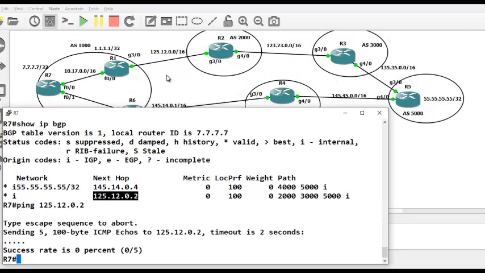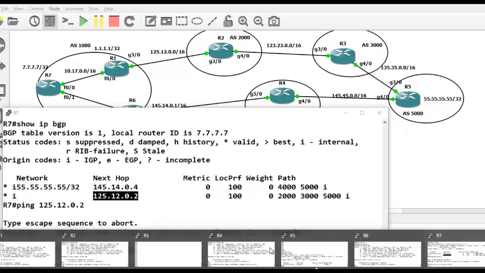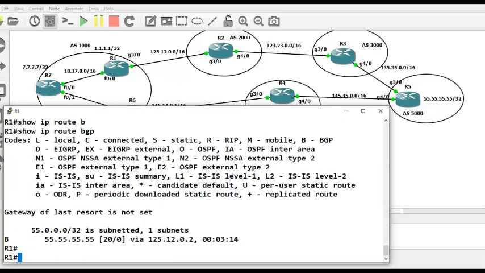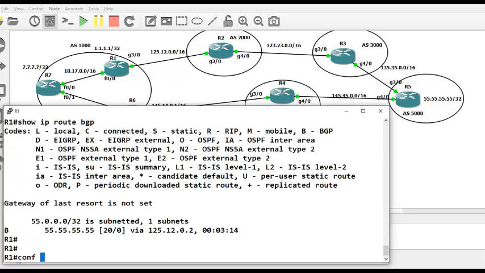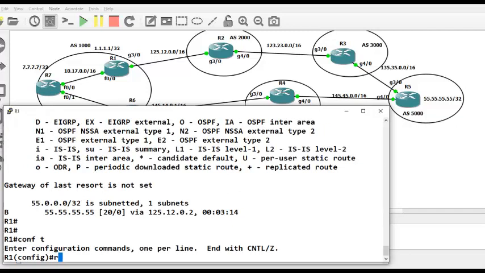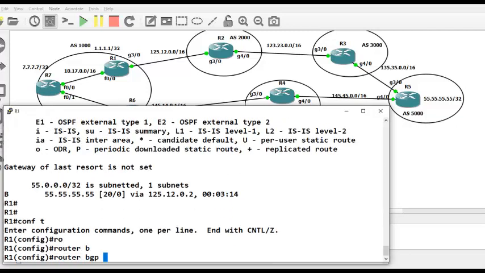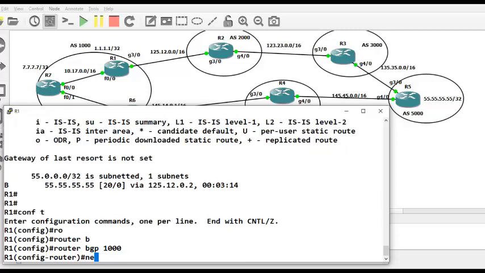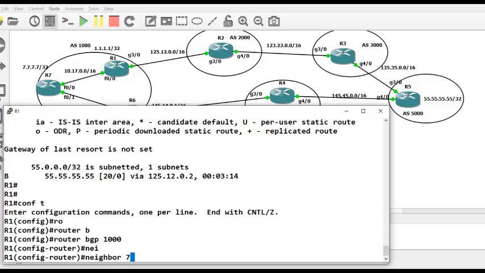So, to fix it, what our solution is, I need to go to router 1 and say, router 1, just say yourself as a next hop. Router BGP 1000, neighbor 7.7.7.7.